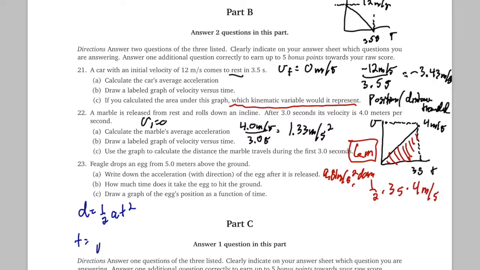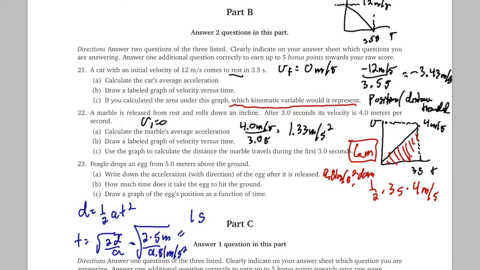That means T is equal to the square root of 2D divided by A. And I would plug in 2 times 5 meters divided by 9.81 meters per second squared, take the square root, and I get 1 second.